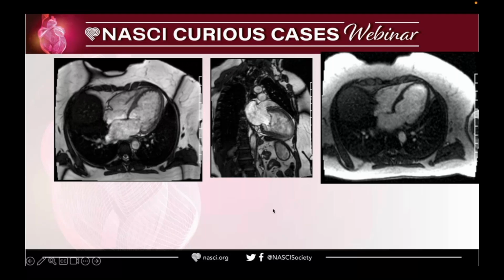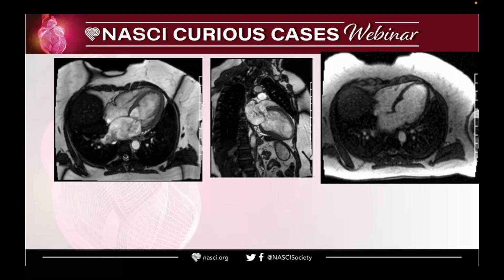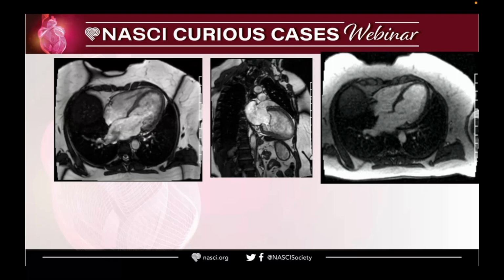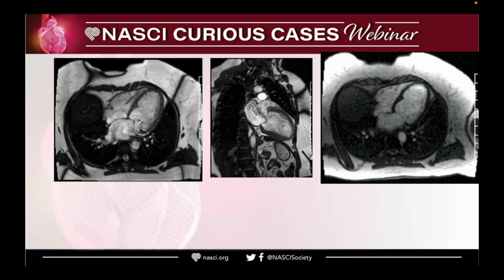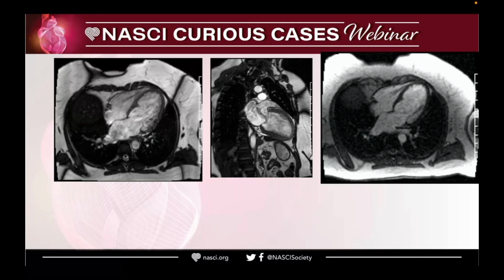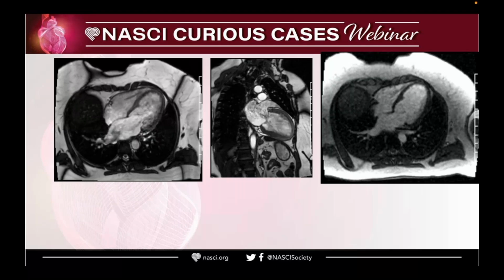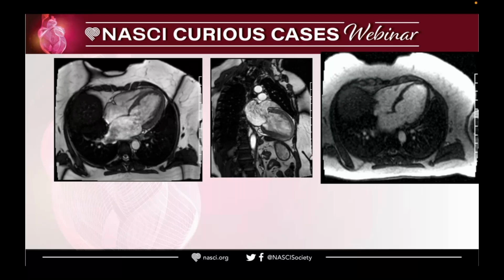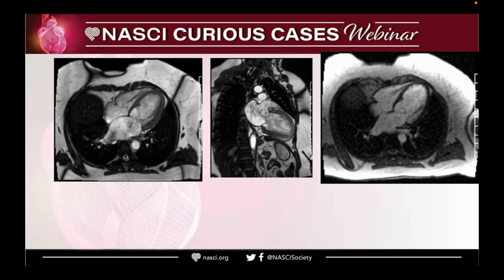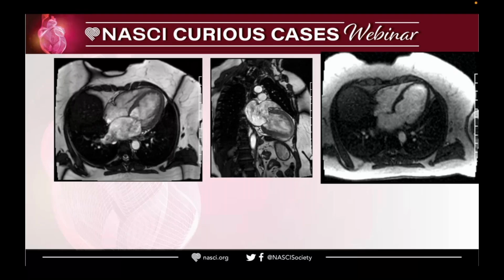At that time I consulted a cardiologist colleague and told him this patient has no history of iron overload and his iron parameters are within normal. So how come the images are dark, with low native T1, and showing a bright signal on imaging? And we don't use iron-based contrast.